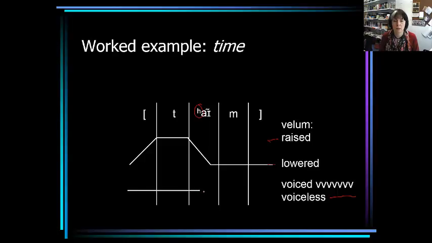By the time they get here, they are also not in vibration, because we've got this period, the voice onset time period, the delay of onset of the vowel. And then for the rest of the articulation, we know that this is a voiced sound, so the whole of that is going to be voiced, and then for the rest position, my vocal folds again return to being open so that I can just breathe through them.